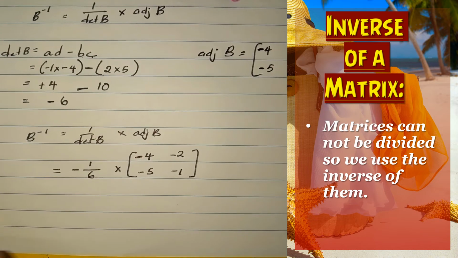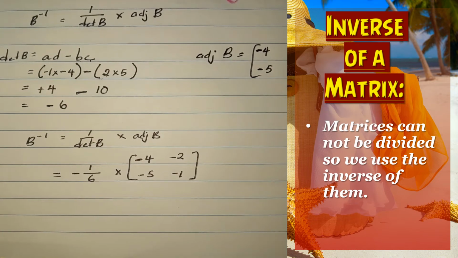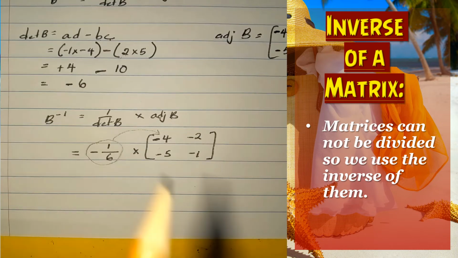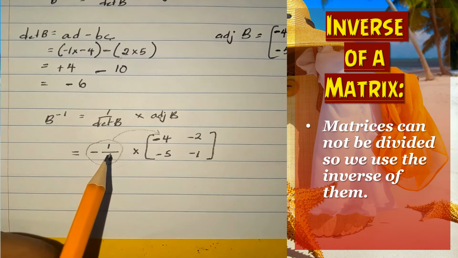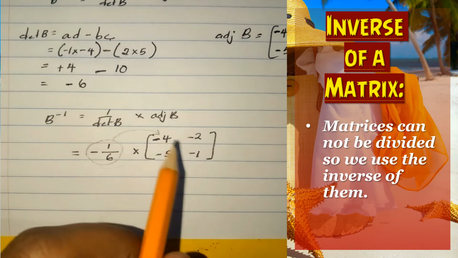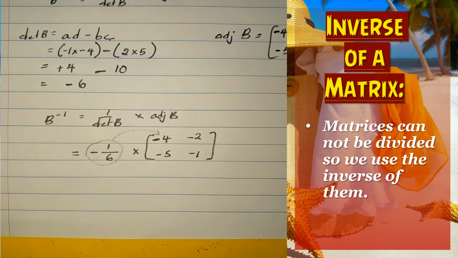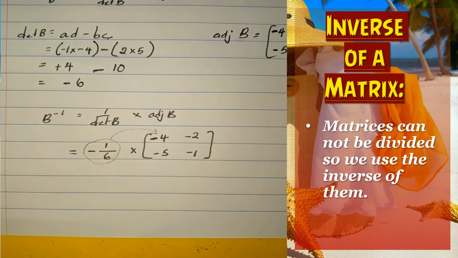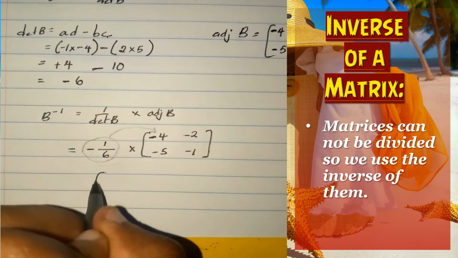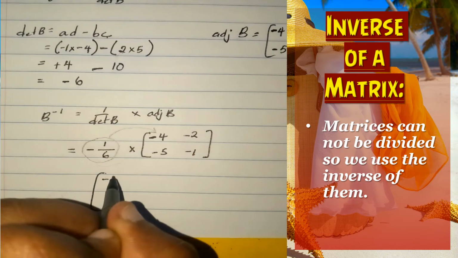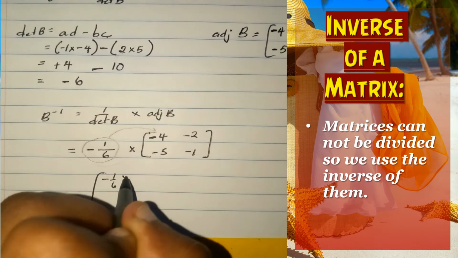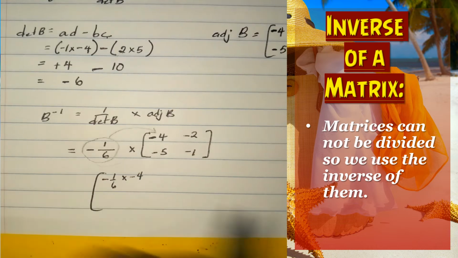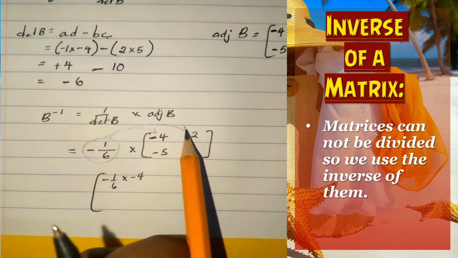Does this remind you of scalar multiplication? Yes, it does. So we're going to take all of this, including its sign, and multiply it by each element, just like with the distributive property. So this will now become -1 over 6 multiplied by -4. And I'm going to do it with this as well.